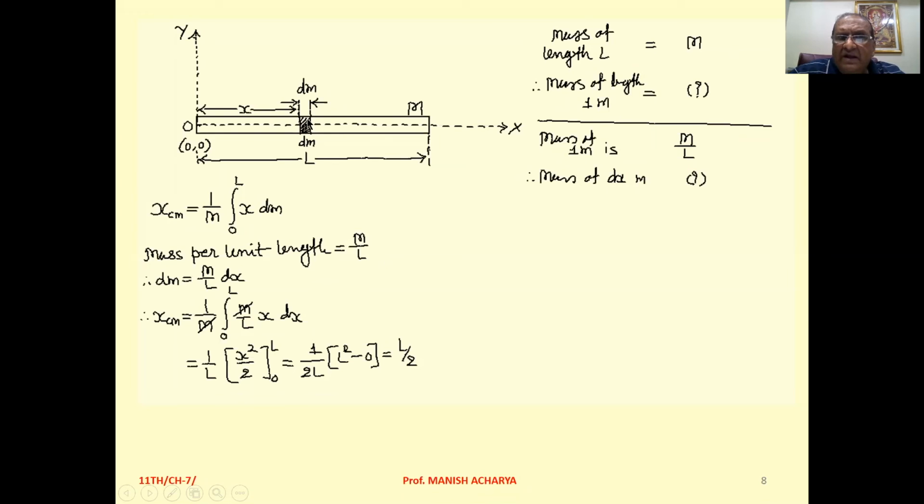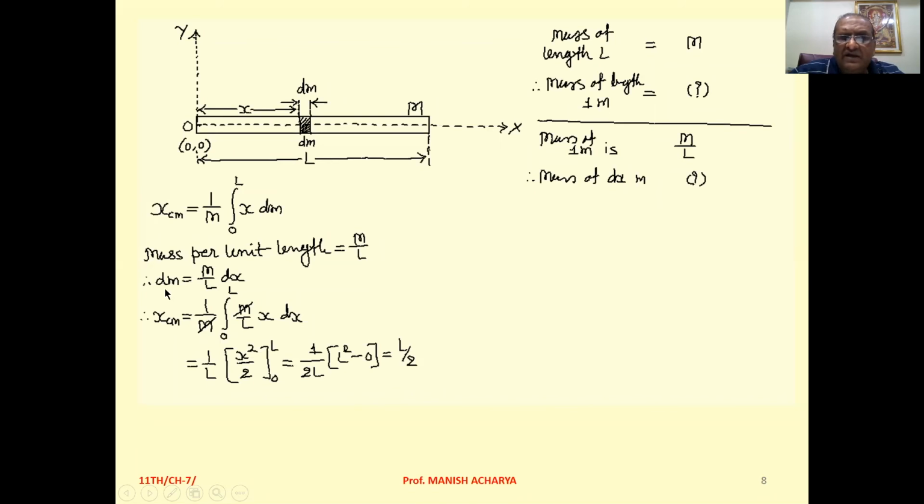Now an element with length equal to dx is under consideration. Here we have to write dx. Okay. Now mass of 1 meter is m by L, therefore mass of dx meter is how much?